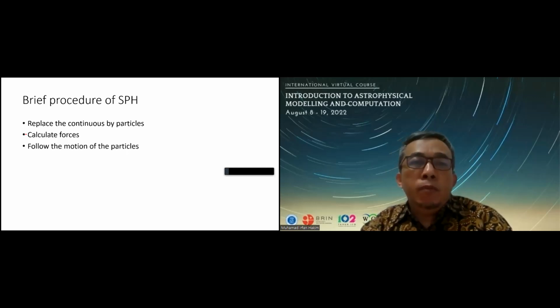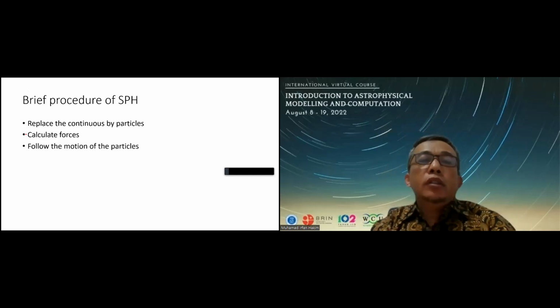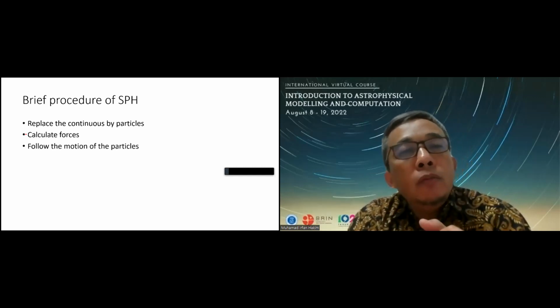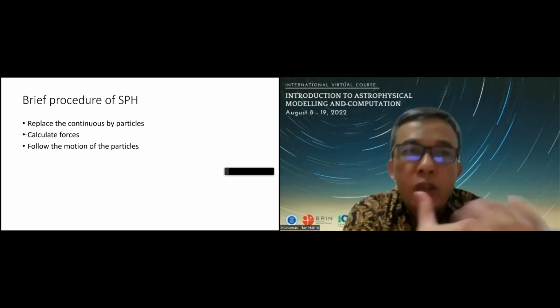This is the brief procedure of SPH. Firstly, we have to replace the continuous by particles. It's different from grid-based methods.